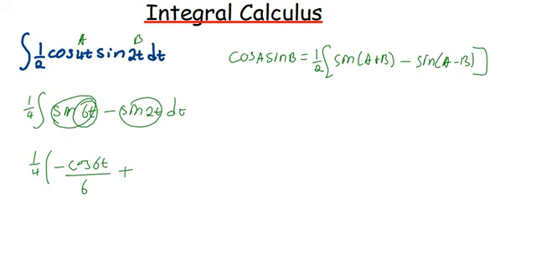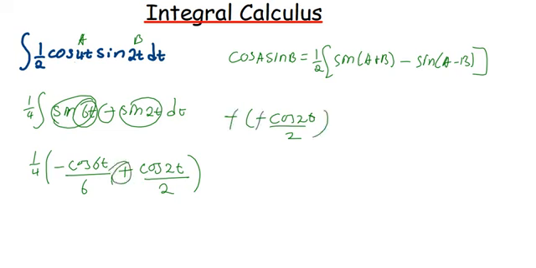That would be a positive cos 2t divided by 2 here, which is the derivative of the angle. So just to emphasize once again, this positive is coming from the fact that I have a minus here. So when I say minus, open bracket, minus cos 2t over 2 here, this one and that one comes out to be a positive.